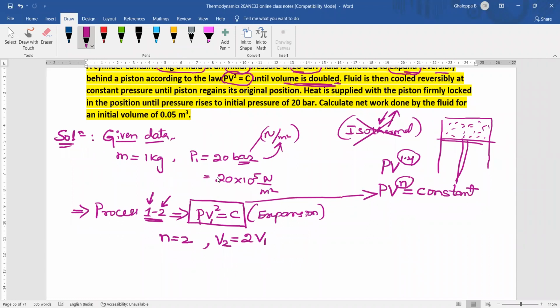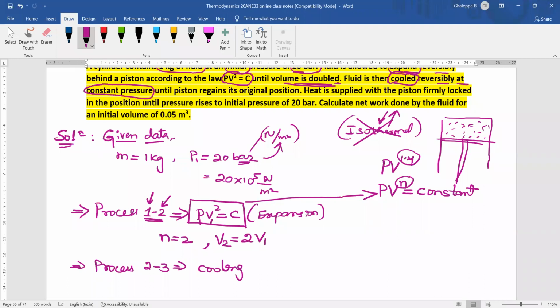Next data you read. Fluid is then cooled. So this is one process. Next process, continuation is there. Process 2 to 3. The second process is cooling process. What type of cooling process? We'll see here. Cooled reversibly at constant pressure.